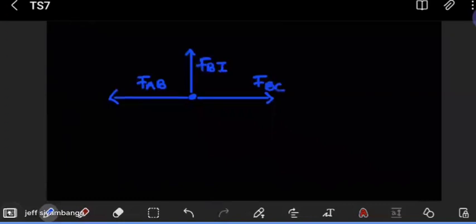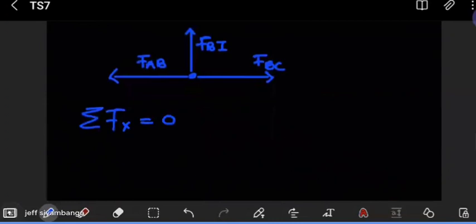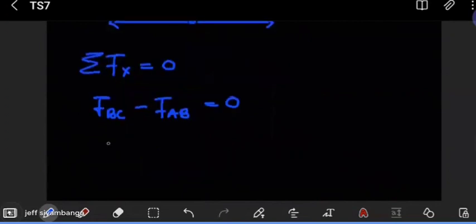Okay, so when we sum forces in the X, we see that we have BC to the right. Then we have FAB to the left. They are the only two, so equals 0. This implies that BC is equal to AB.